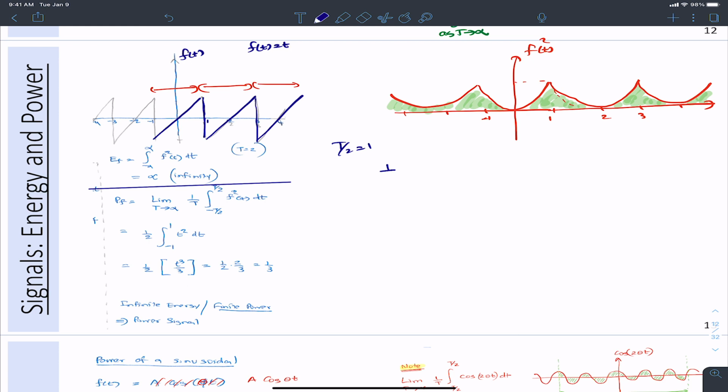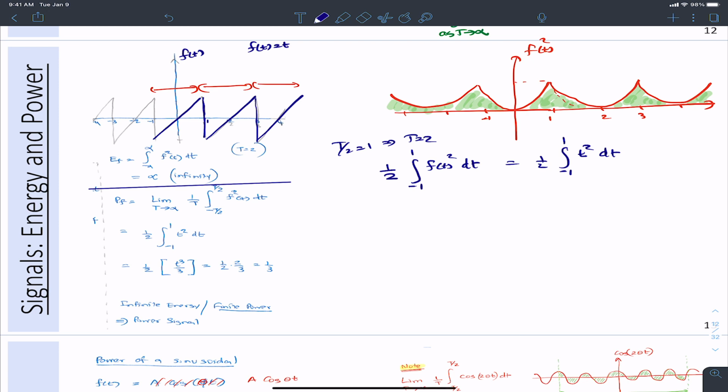So then T is equal to 2. The integration part, except for the limit, is 1 over 2 times the integral from -1 to 1 of f(t) squared dt, and f(t) is t, so that's half times the integral from -1 to 1 of t squared dt.